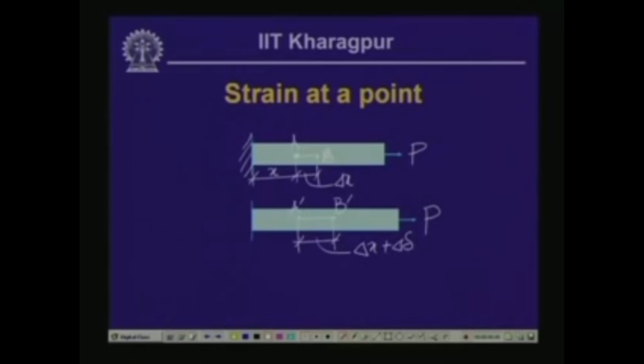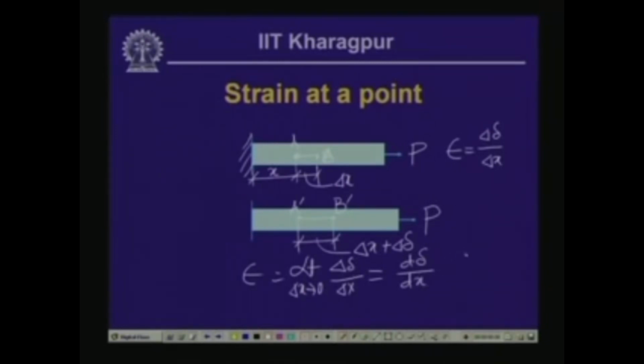Thereby, extension of this fiber is del delta, and as we have defined, the strain epsilon for this particular fiber is del delta over del x, and this strain at this particular point A we can define as, as delta x tends to 0, del delta over del x. This we can write as d delta over dx.